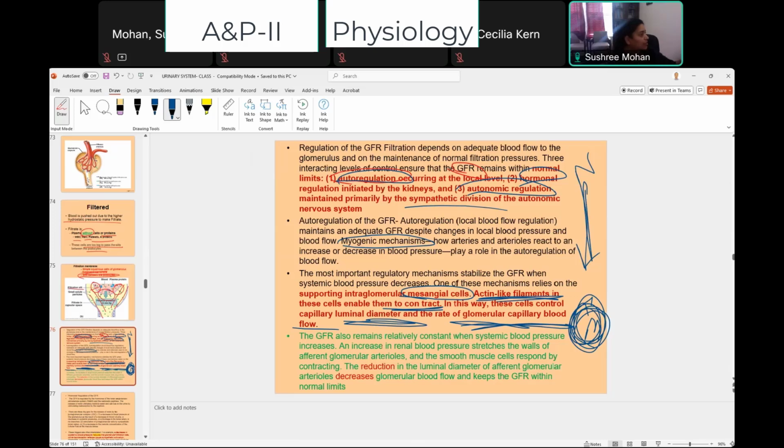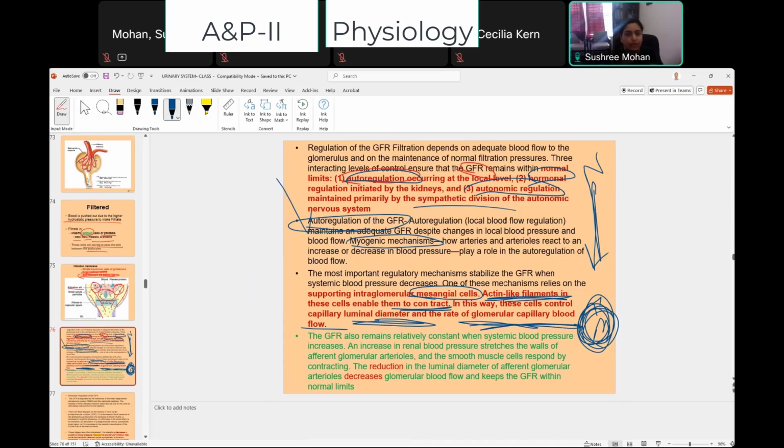This is called auto-regulation of the GFR. To maintain the pressure, they do some self-adjustment, and that is what we call auto-regulation. Who does it? The glomerular cells themselves. They are called mesangial cells.